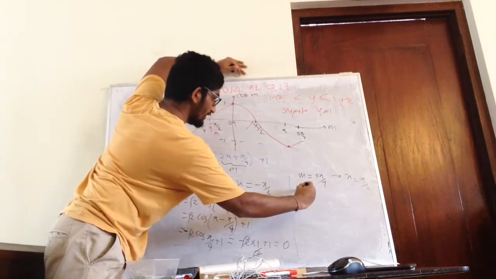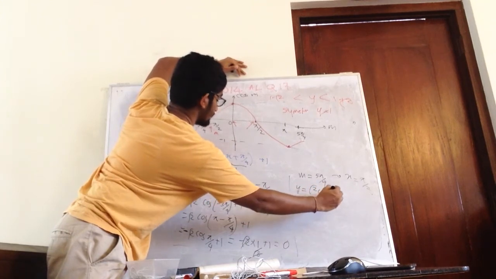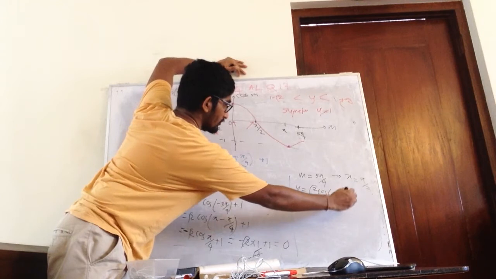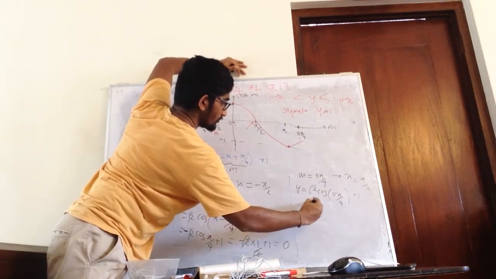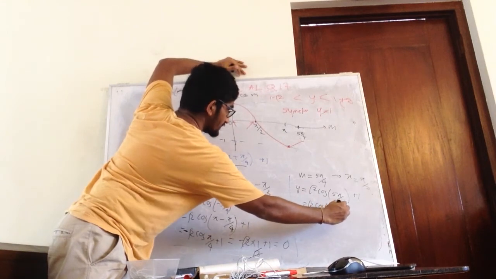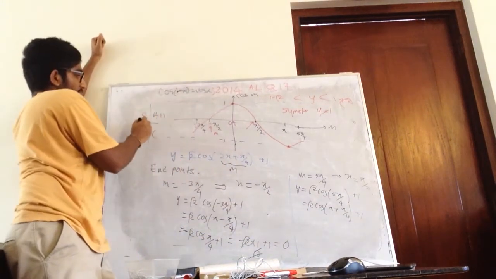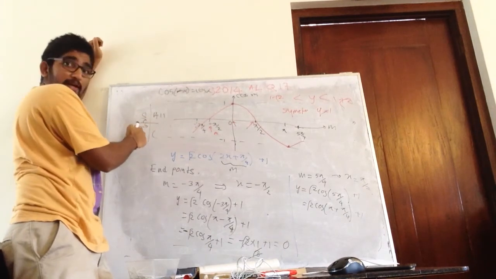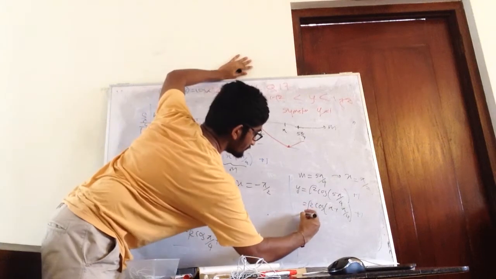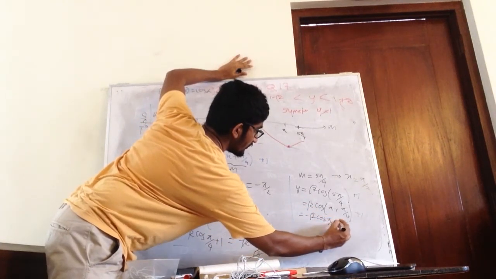Then y is going to be equal to square root 2 cos 5 over 4 plus 1. Yet again, here, if you go here, it's going to be minus square root 2 cos 5 over 4 plus 1.